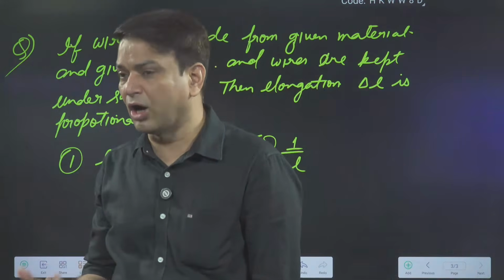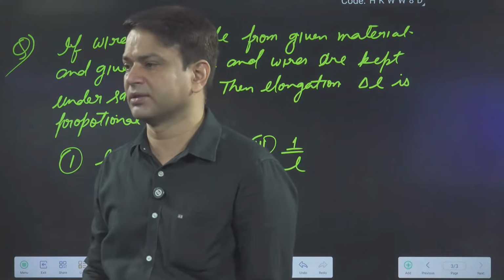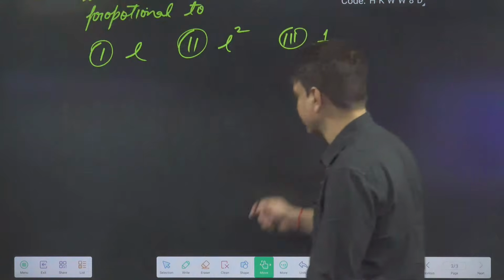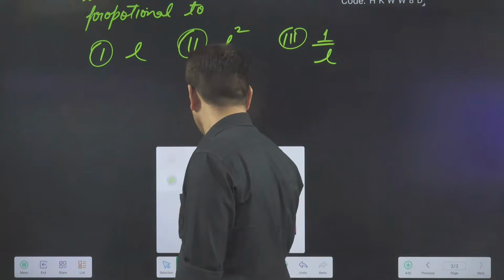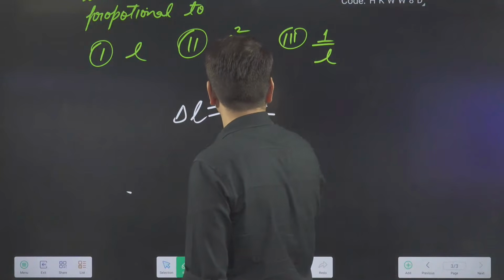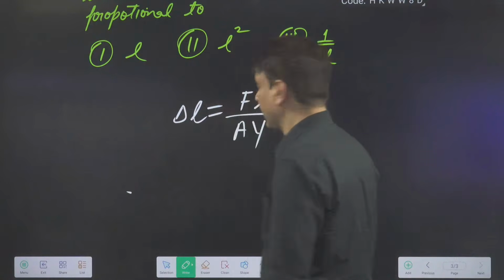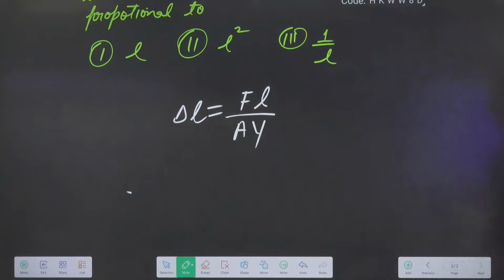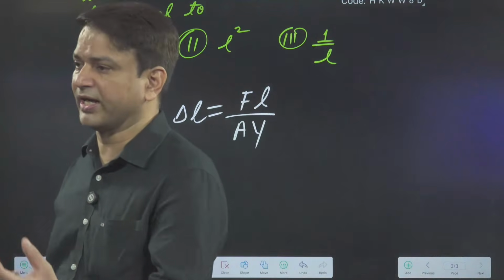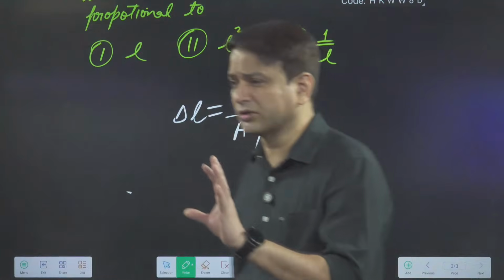Now how will delta L depend upon the length? That is the problem. Here delta L is equal to F L by A Y. Everybody is getting or not? Here I am asking the proportionality with the length, but I have not given any data for the area.